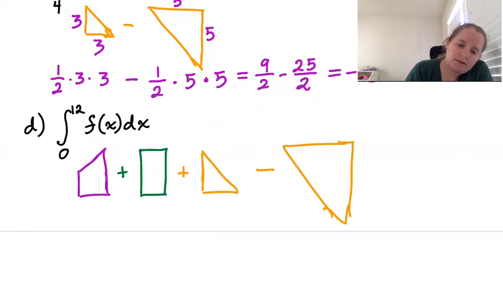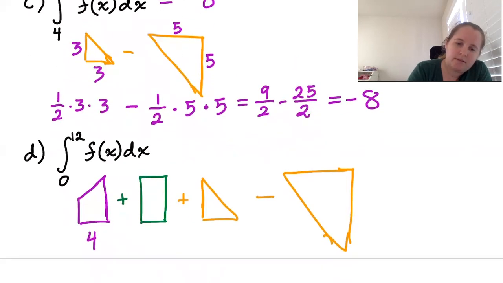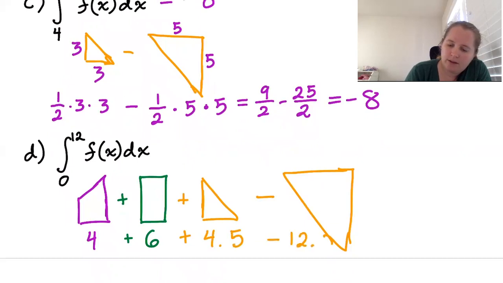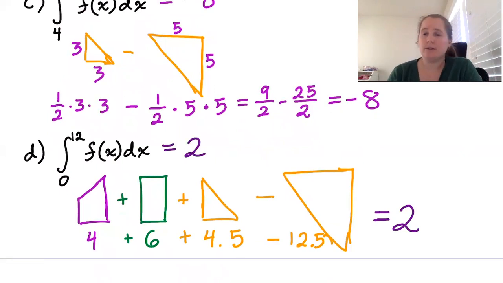So this was 4 plus 6 plus 4.5 minus 12.5, or 10 from the 4 plus 6 and -8 from the 4.5 minus 12.5. And we wind up getting that this is just 2. And so the definite integral from 0 to 12 ends up being +2.